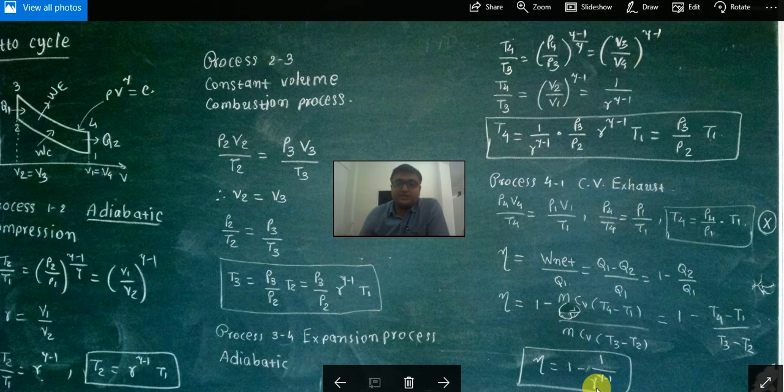It is a function of compression ratio only, because the adiabatic index value is constant at 1.4. So if the compression ratio increases, this term decreases and efficiency increases. That is the conclusion of this Otto cycle.